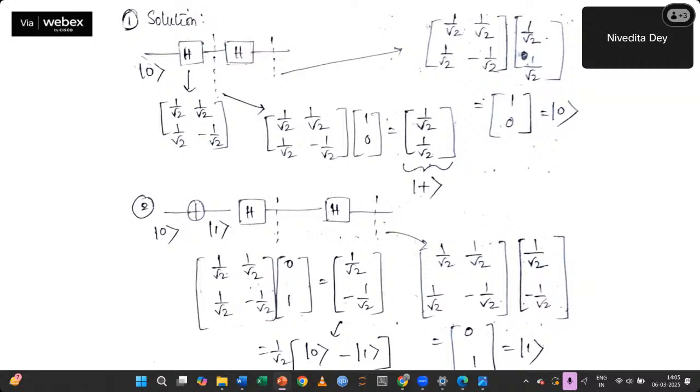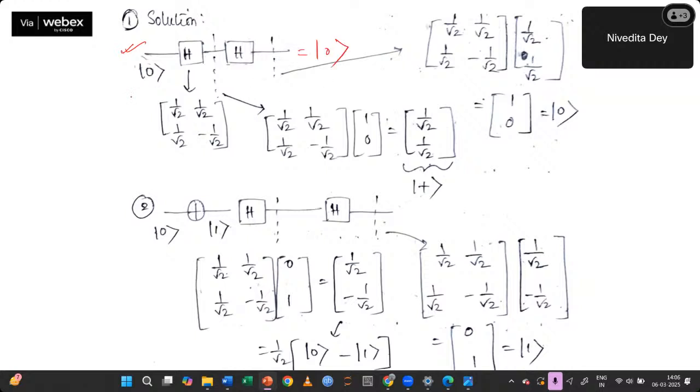So this is the solution for the first question that I had given to you. I hope that at least a few of you have tried the solution. So this is the first circuit, if you see. It was 2 Hadamard gates. Already in yesterday's class, we discussed that it will be exactly the gate 0 that should come as an output.